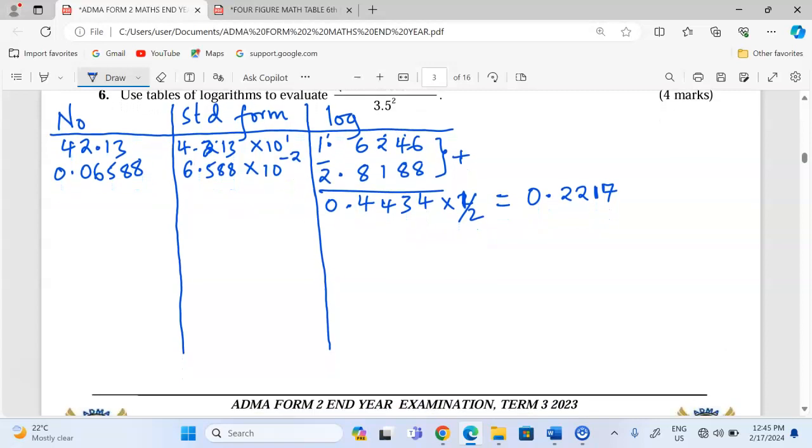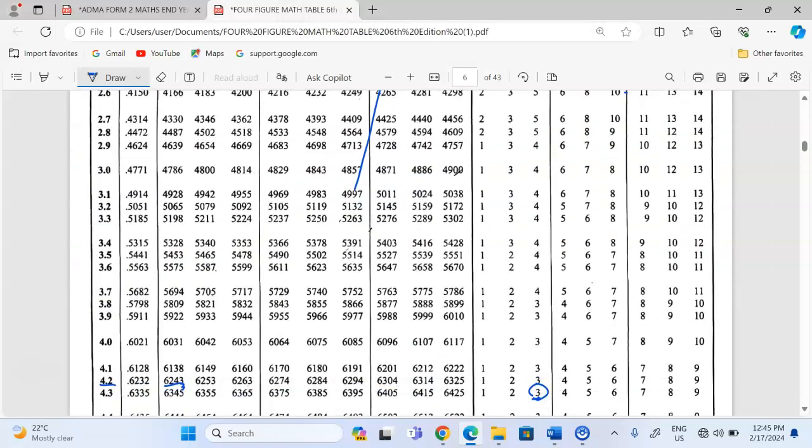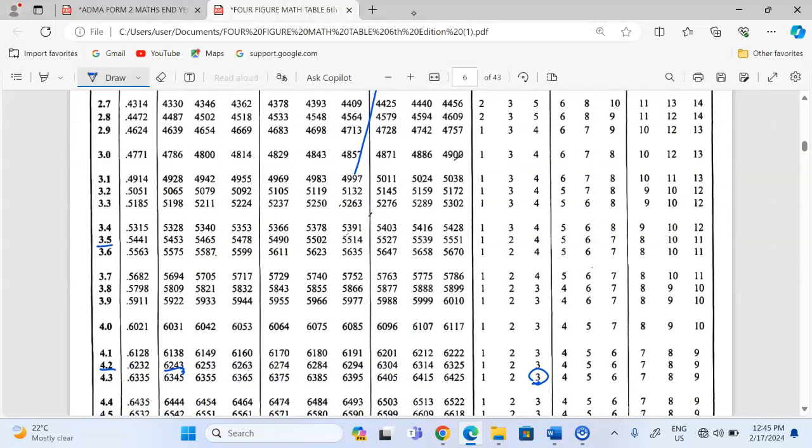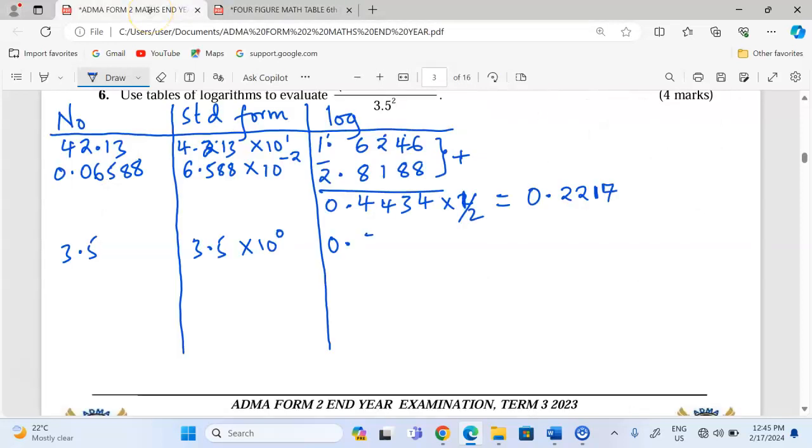So now we are having 3.5 squared. So 3.5 is 3.5 times 10 power 0. So the logarithm begins with 0 point. We go to 3.5, which is 5441.